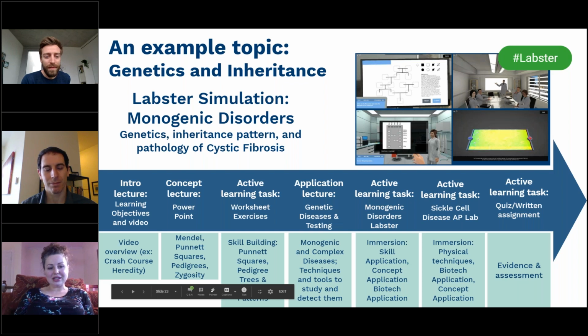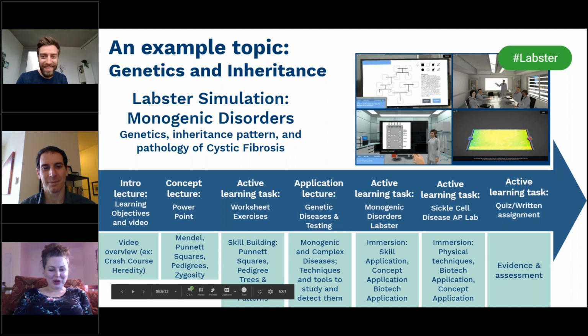So for instance, one topic that I'm using as an example here is genetics and inheritance. Some of the key topics we begin with is we give a history of how Mendel was studying genetics, the crosses, the Punnett squares. And I apologize for some of you who are not from the biology field, but I saw that the poll said that a lot of you were actually using this for biology.